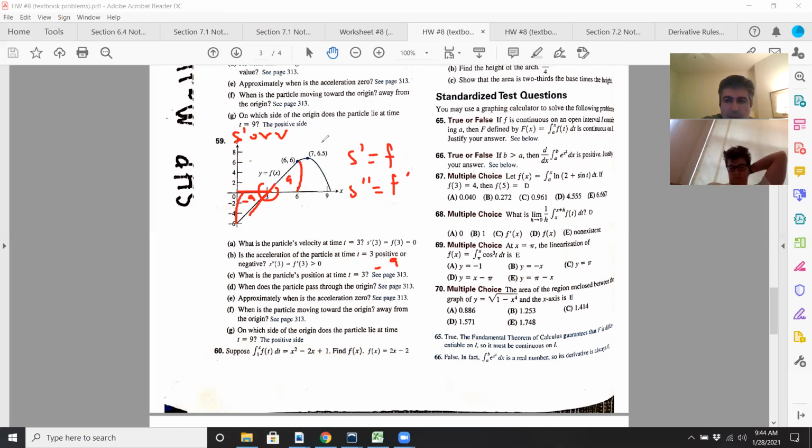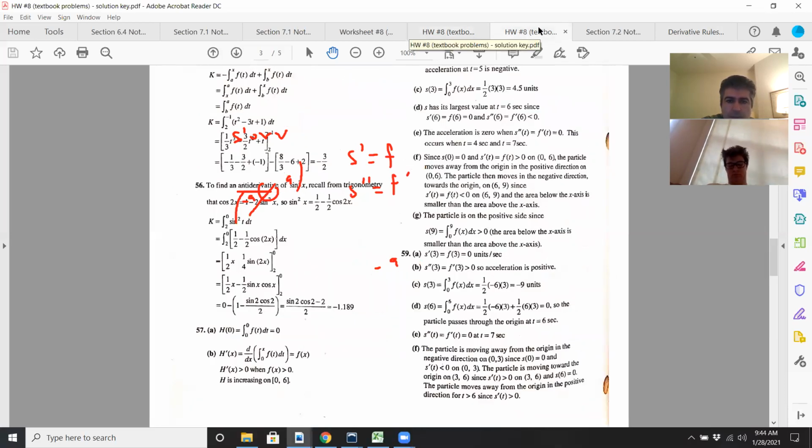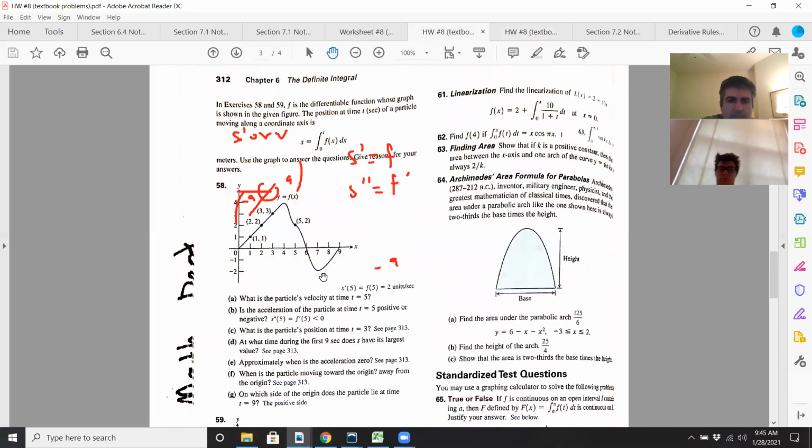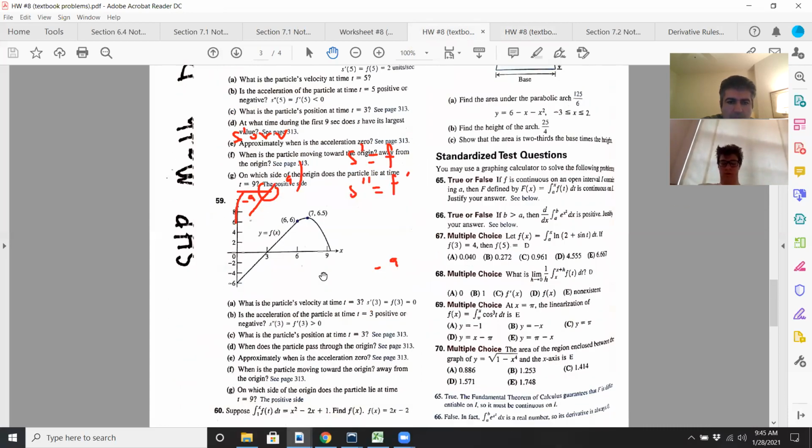Your position is the integral of F, right? So that's where our position would be 0. Yep. I don't know why they didn't include 0, but maybe they wanted something non-zero, or maybe they defined it as an open interval after 0.